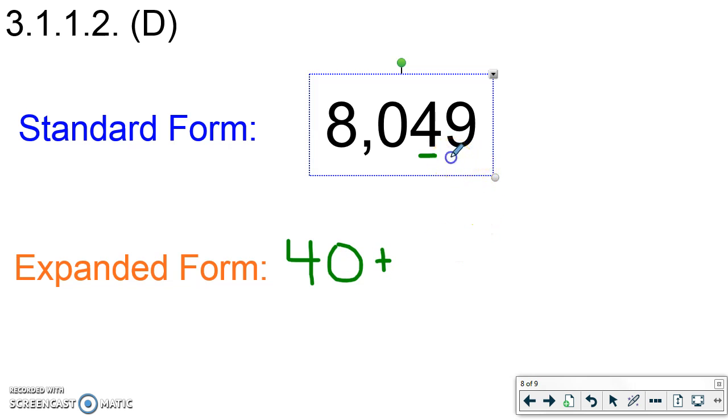Now I'm going to move to the ones place. Nothing's to the right of it, so it's just going to be 9. So there's 49. And then I'm going to jump way over here to the thousands place. Plus we have 8,000, so I'm going to put 8,000 over here, comma.